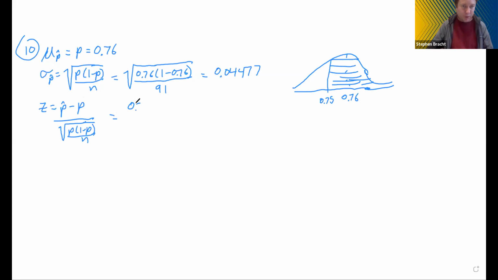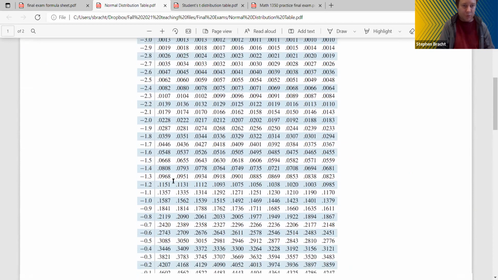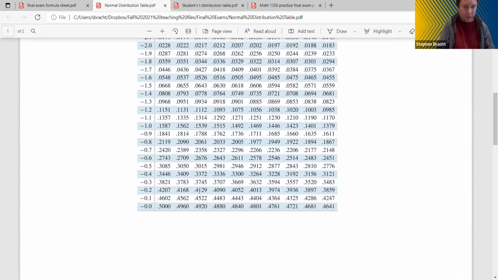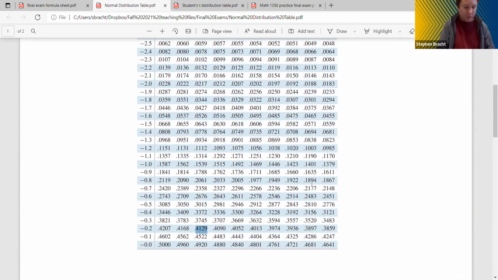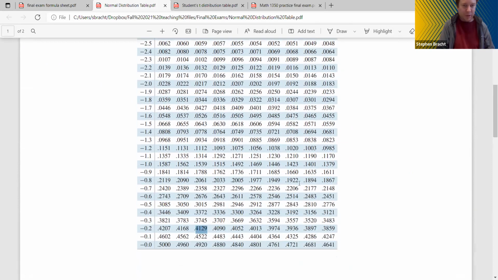This equals 0.75 minus 0.76 over, I calculated the standard deviation right there, 0.04477, or negative 0.22, okay? And if I go over to my table, I would find the area to the left of negative 0.22, which is 0.4129 right here. And I'll take 1 minus that because I want the area to the right, okay? 1 minus 0.4129.